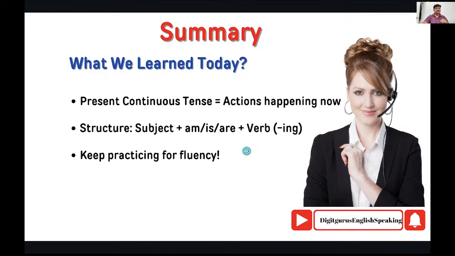So this is the structure. You need to remember all this structure and the use of this present continuous tense. We are going to use present continuous tense to describe the actions happening right now.